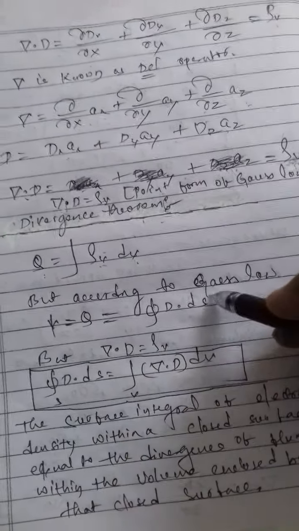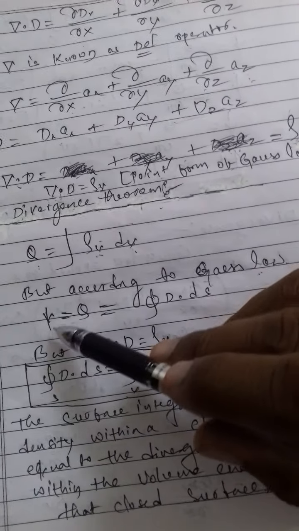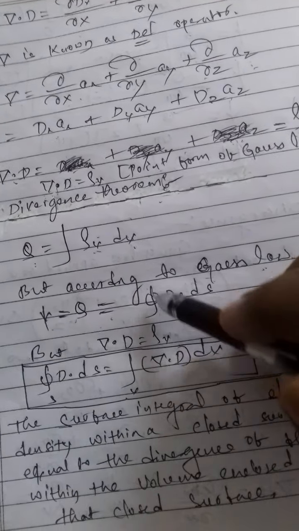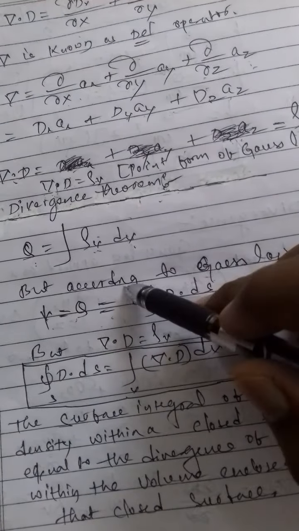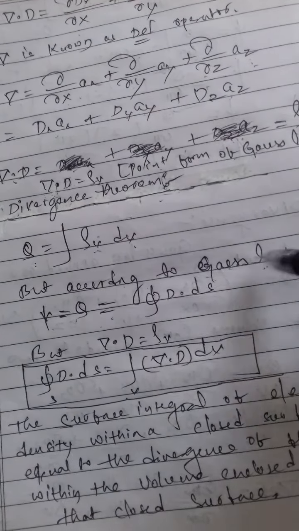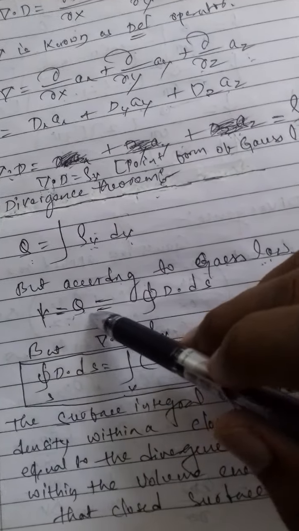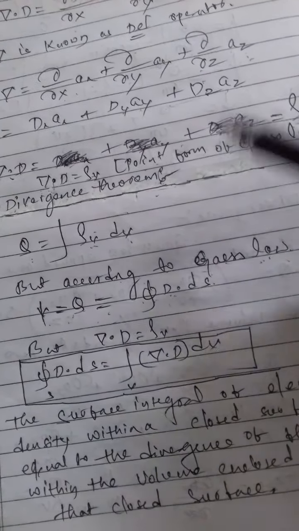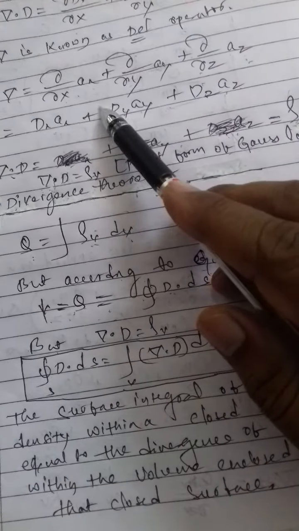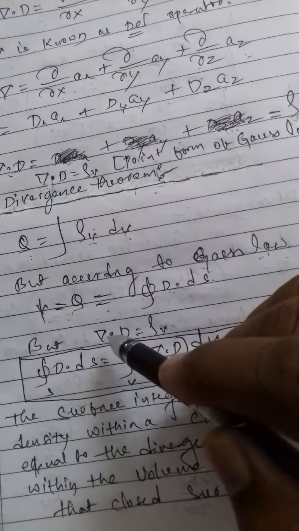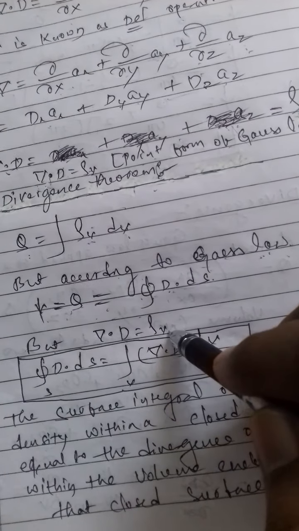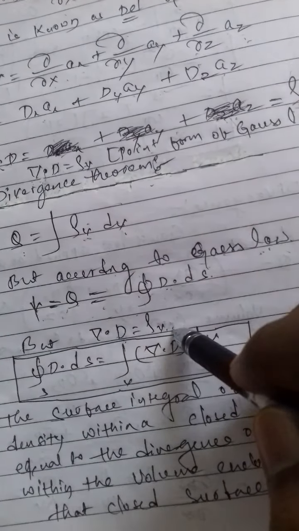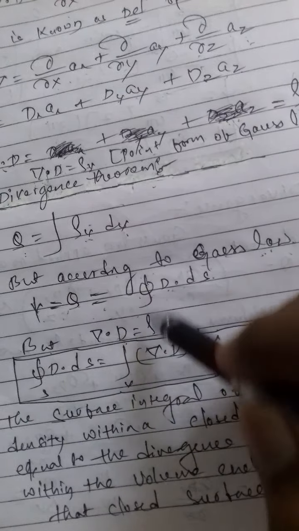But according to Gauss law, the electric flux passing through a closed surface is equal to the closed integral D dot dS. But according to the point form of the Gauss law, del dot D is equal to rho v, that is, the divergence of flux density is equal to the volume charge density.